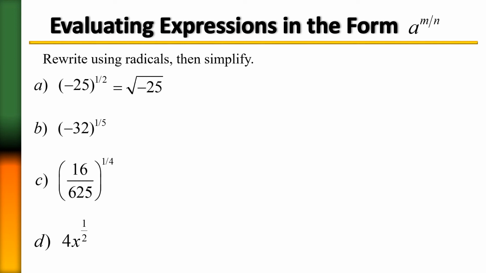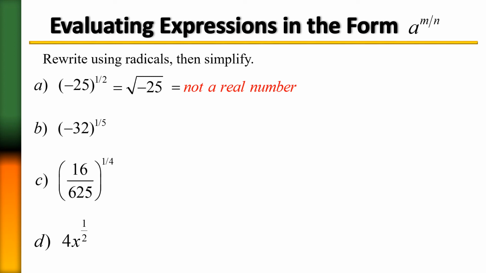Well, you should know by now that even roots cannot have a negative underneath, because there is no number that when you multiply it twice will give you negative 25. So therefore the answer is not a real number. Now it is solvable once you learn about imaginary numbers, but we're not to that point now, so we're simply going to state that it's not a real number.